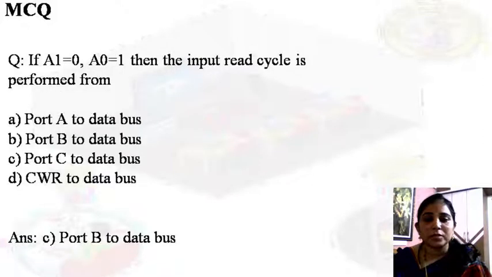The next question is, if A1 is equal to 0 and A0 is equal to 1, then the input read cycle is performed from: option A, port A to data bus, option B, port B to data bus, option C, port C to data bus, and option D, control word register to data bus. The right answer is option B, port B to data bus.